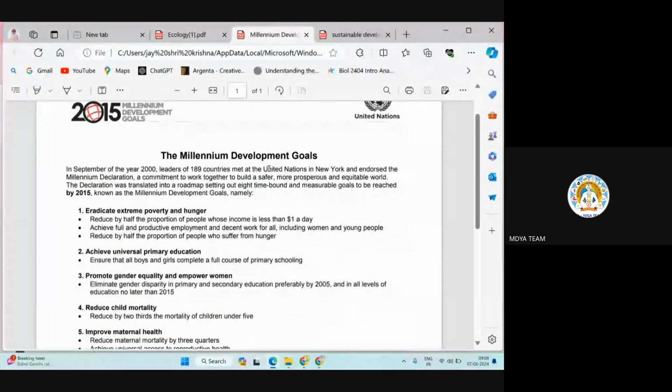First, what is sustainability? Sustainability means, for example, you are earning 50,000 a month. So what should sustainability be? You should spend so that there is some saving for you in the future. It should not be that after some time you are completely bankrupt. Similarly, development should be sustainable.